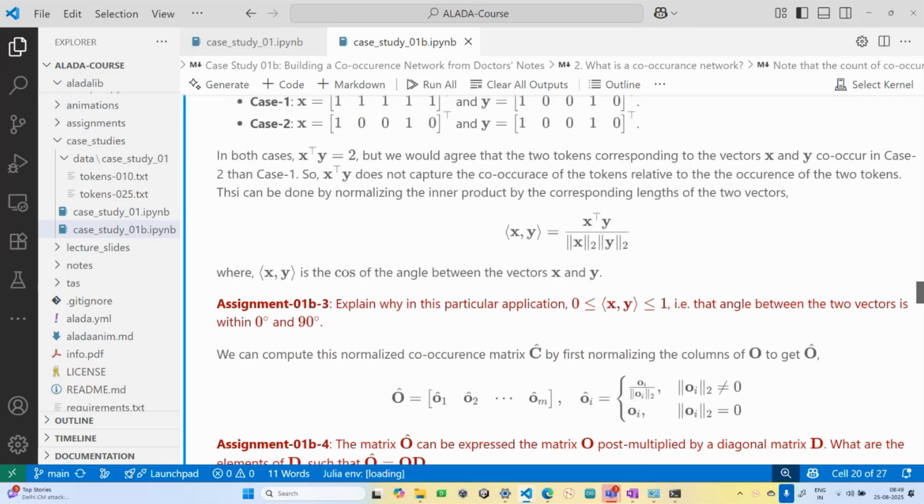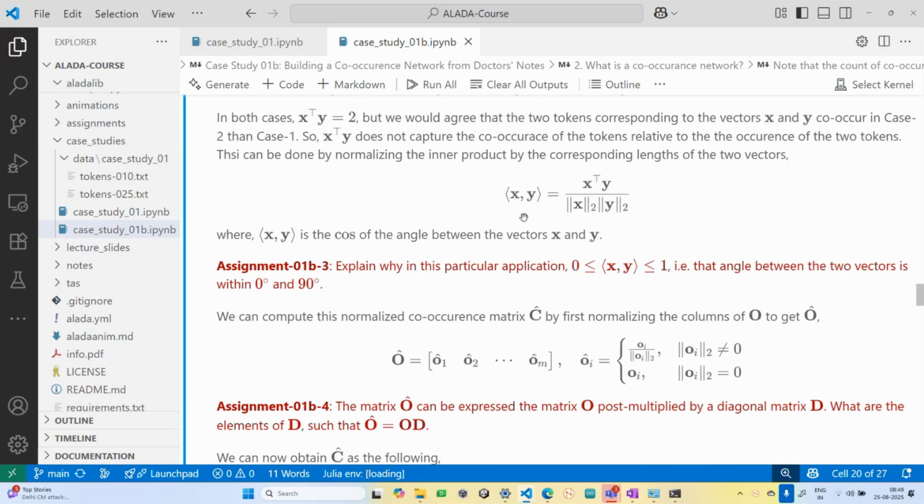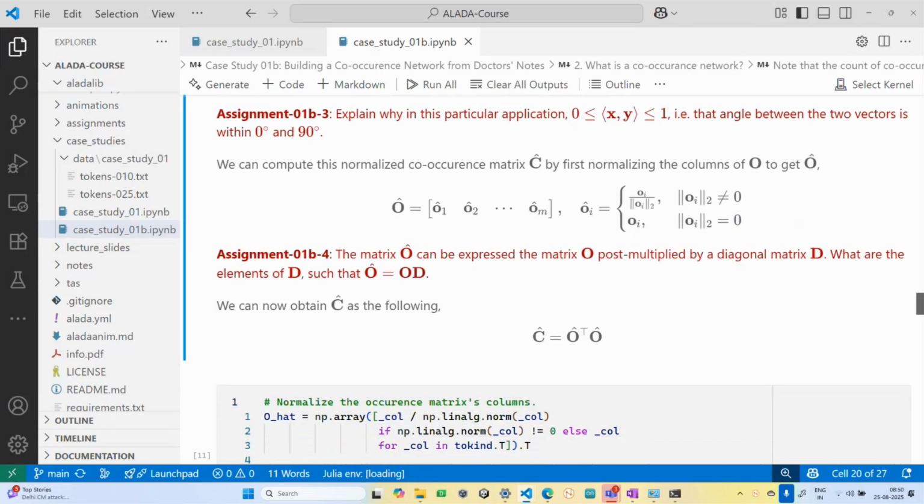Okay? And in this particular case, we know that the cos of an angle between 0 to 360 can be positive and negative, but in this case, it will always be non-negative. Here you're asked to explain why it is likely to be non-negative. Right? So we will actually not work with the matrix O, but we will work with the normalized matrix, because remember, what matters is not how many times they co-occur, how many times a particular vector occurs.